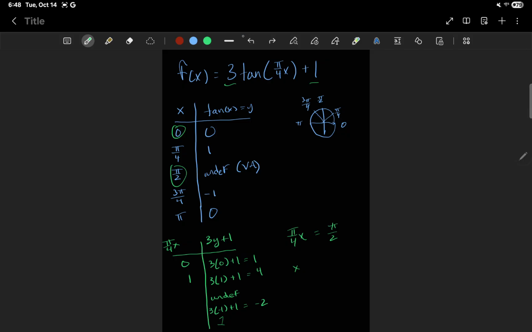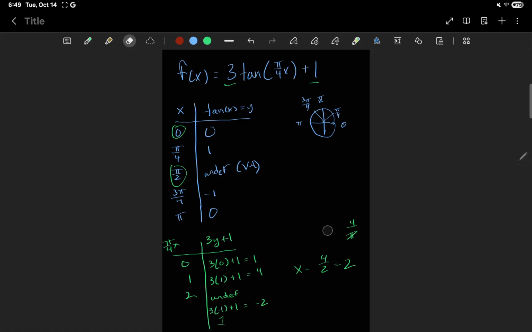We need to divide both sides by pi over 4 or multiply by 4 over pi, so that the pi's cancel and the 4's cancel. If we multiplied it on one side, we should multiply it to the other. So the pi's cancel, we're left with x is equal to 4 over 2, which is just 2. Cool. That's just telling us where the vertical asymptote is going to be.